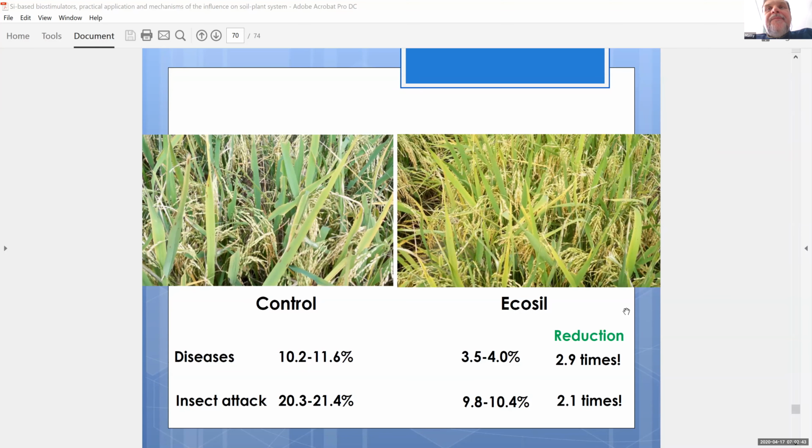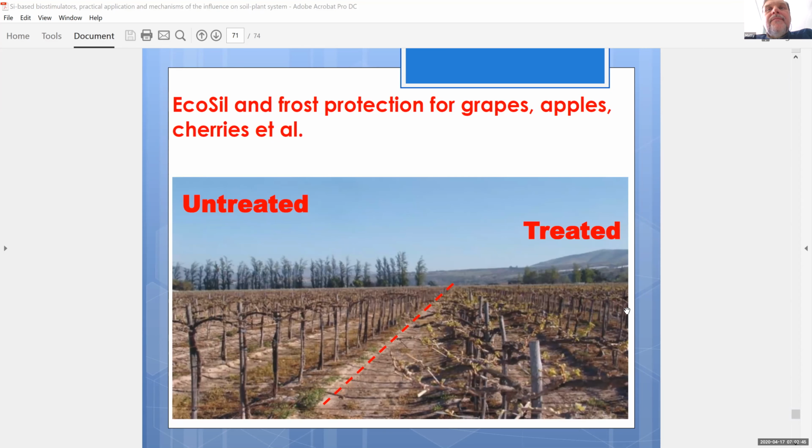Next, please. And also, when we apply the silicon-rich material, we can protect plants against abiotic stresses such as frost. It's not long-term frost, but short-term frost. Next, please.